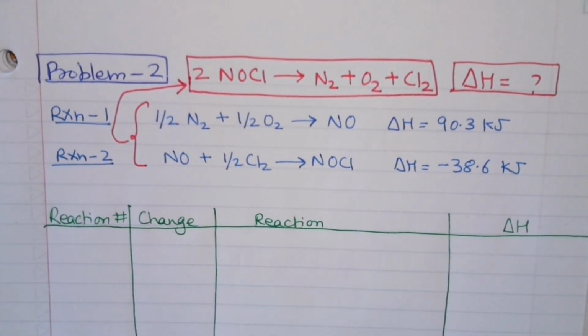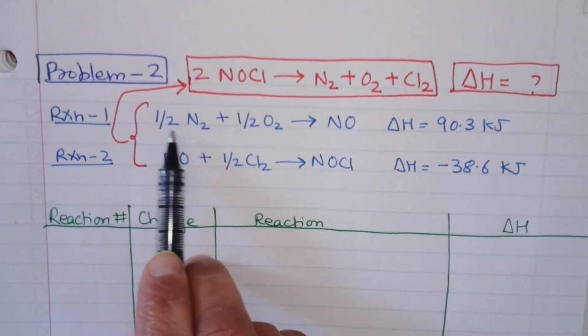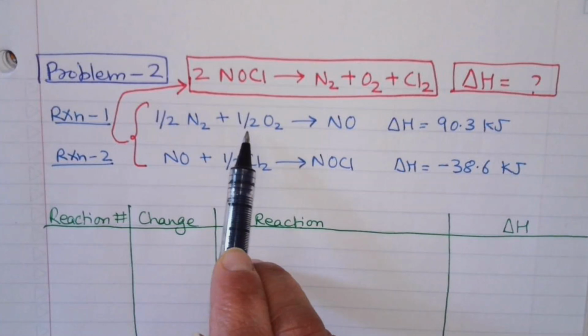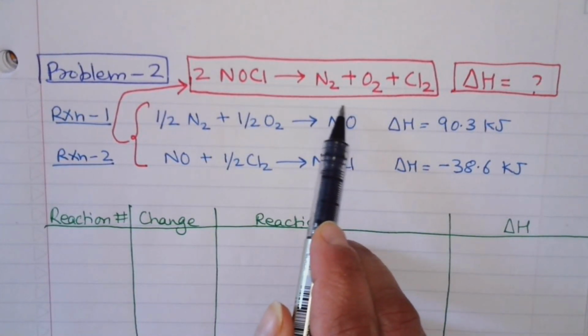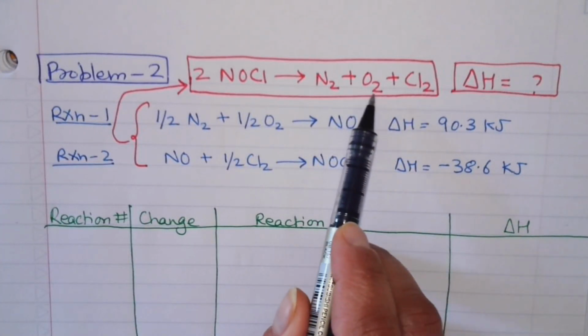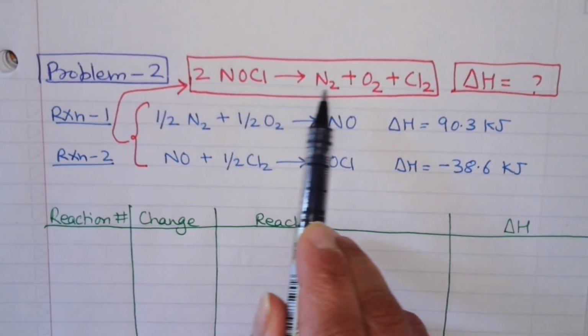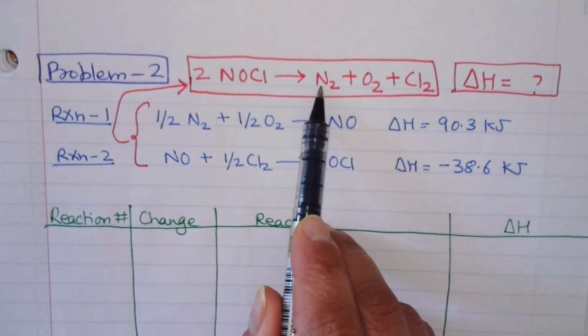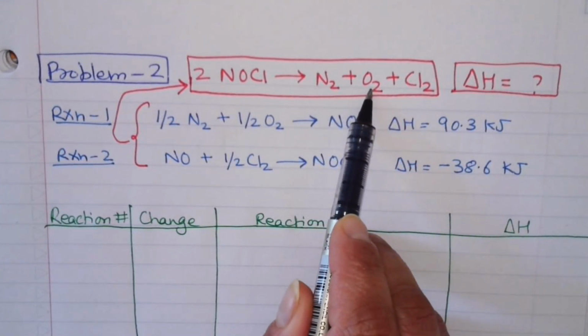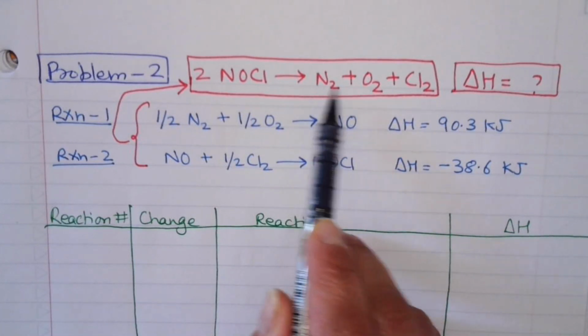So look at reaction 1 carefully. Reaction 1 is half N2 and half O2, that gives NO, right? And NO does not appear on any of these, right? But what appears? We have N2 and we have O2, but they are on the product side.